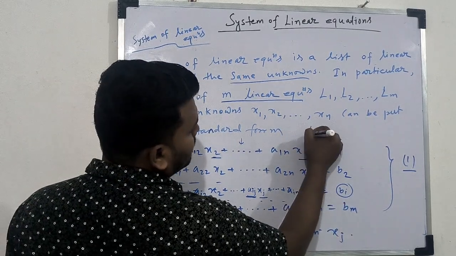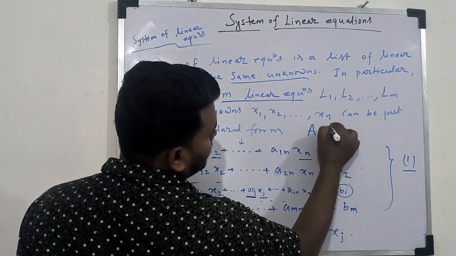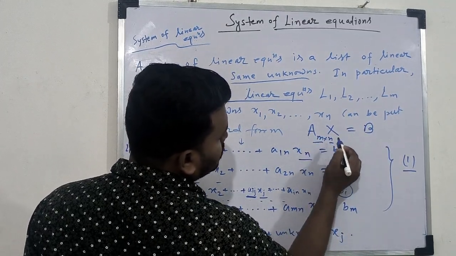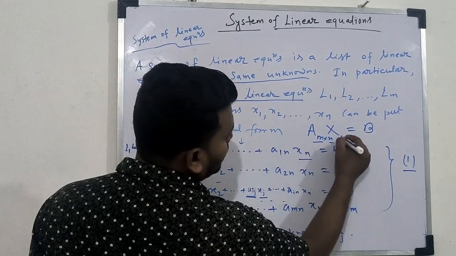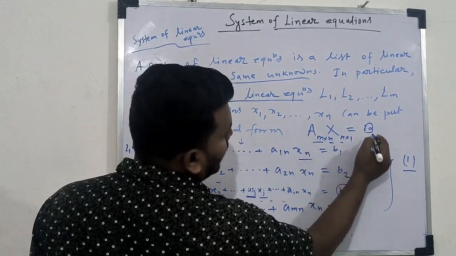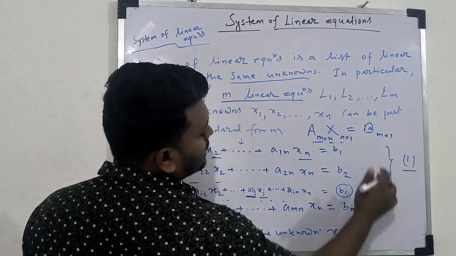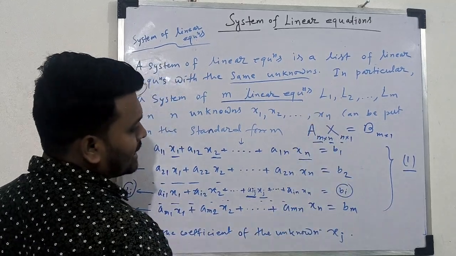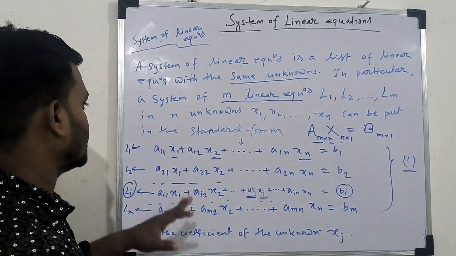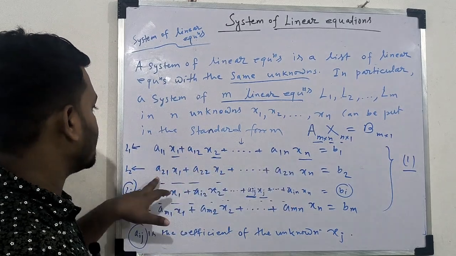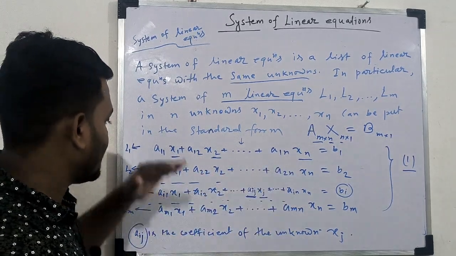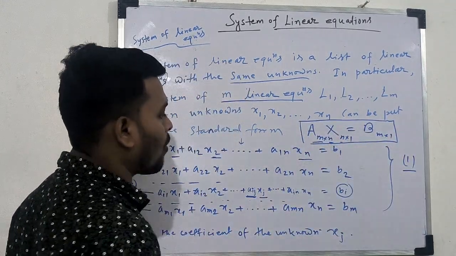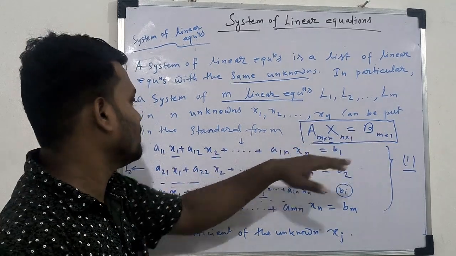This system can be written in matrix form, A x equal to B, where A is an m cross n matrix, m equations and n unknowns, x is n cross 1 so it can be multiplied, and B is m cross 1, a column matrix with m elements. x will be the column matrix x1, x2, xn, and A will be the coefficient matrix which contains a11, a12, a1n. The second row will be a21, a22, a2n, and similarly. So this is the main system in explicit form. If we open this system, it looks like this.